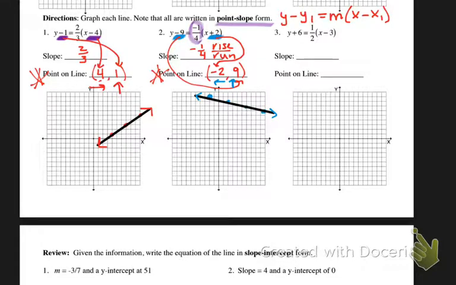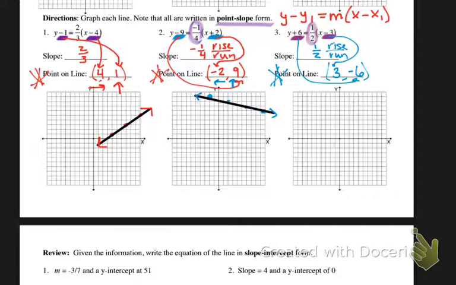Number 3, the slope is always in front of the parentheses. So the slope is 1 over 2. Which means we're going to rise 1 and run 2, but we do that last. For the point, the number with the x looks like a -3, so we do the opposite of that, and it's going to be +3. The number with the y is a +6, so the opposite of that is a -6.